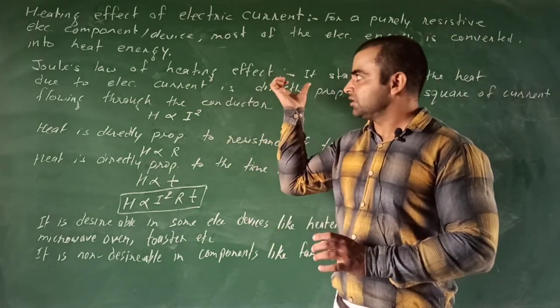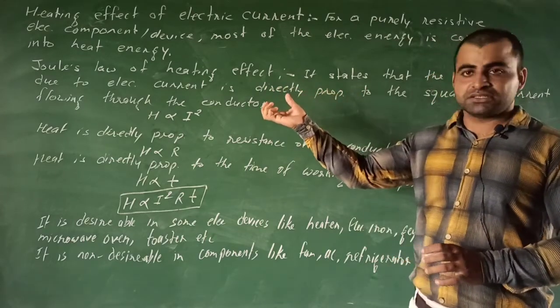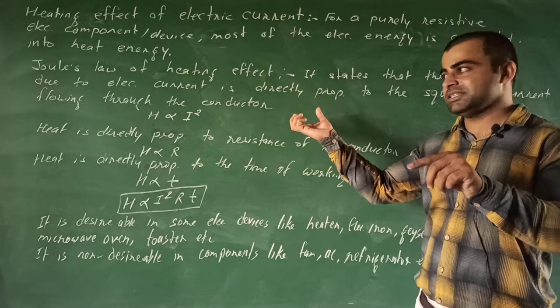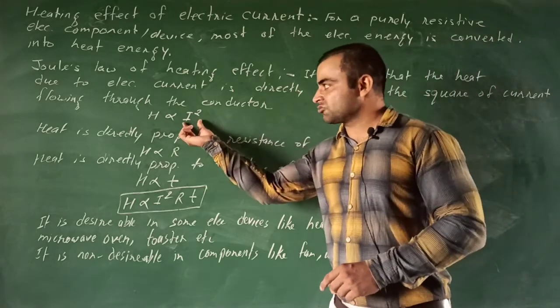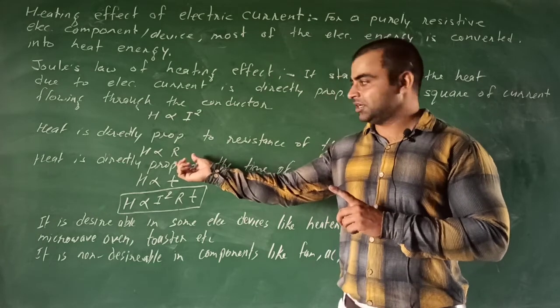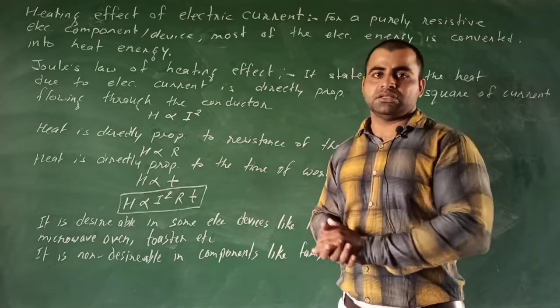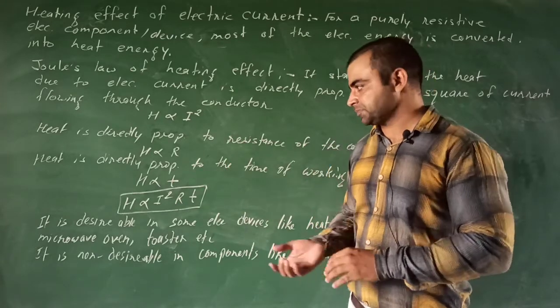Joule's law of heating. Joule says that the heat is directly proportional to the square of current, directly proportional to the resistance of the conductor, and directly proportional to the time the current is flowing.